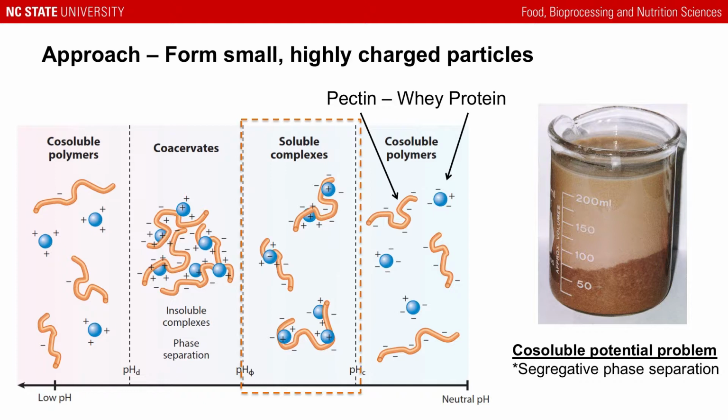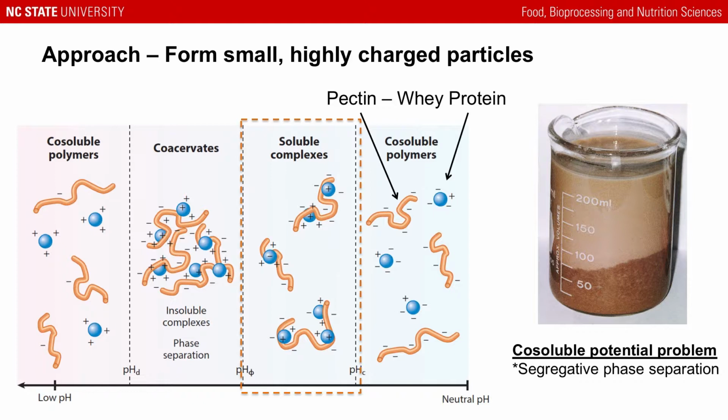So one of the approaches is to form these small, highly charged particles, and this gets into protein polysaccharide, and we use pectin as our polysaccharide and whey protein. This is a Goldilocks type of effect, where too much and too little, you've got to have it just right. Okay? So you want them to be these soluble complexes right here, at this pH.